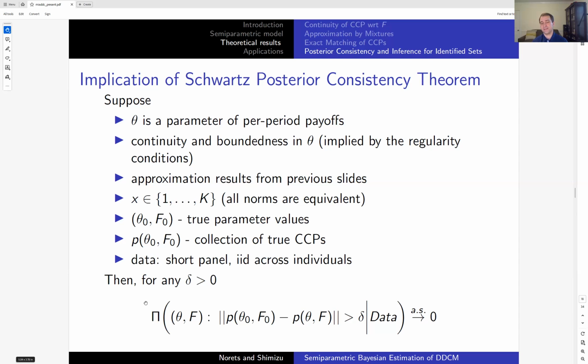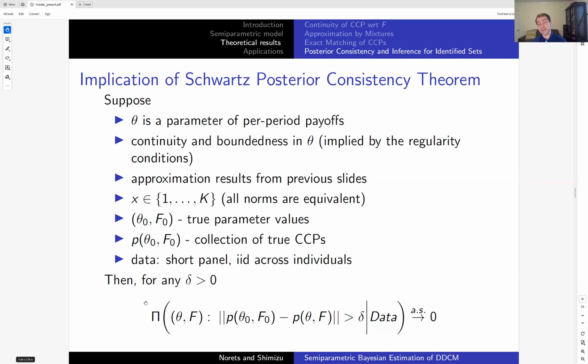And so hence we can easily conclude that we will not put any posterior probability in the limit on values that give us conditional choice probabilities that are different by more than some arbitrarily small number delta from the true conditional choice probabilities. So that's nice, that we are at least not going to put weight on the wrong parameter values, or outside of an arbitrarily small ball around the true parameter.